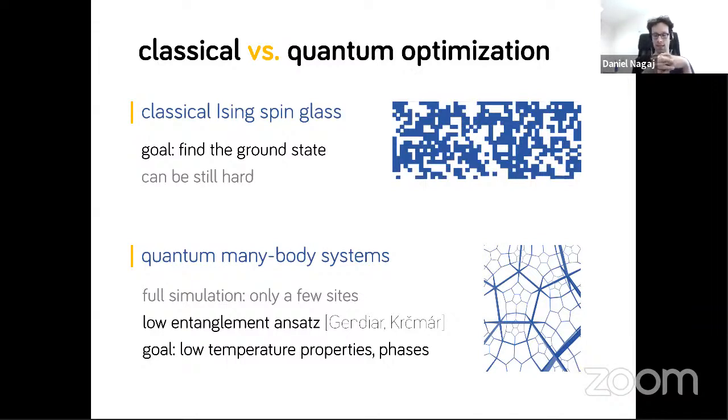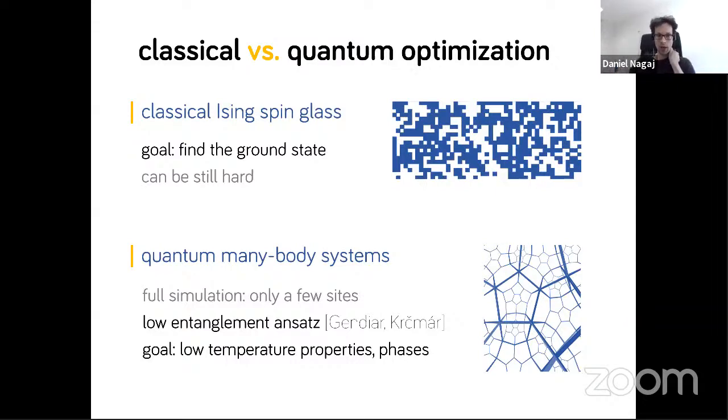This can still be hard because it can include hard problems in classical optimization. But for quantum many-body systems, doing simulation and finding and optimizing the state of a system can be done fully only on a few sites. And when you want to do it in general, it's very, very hard.